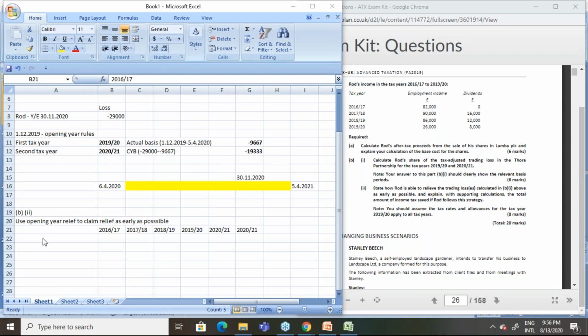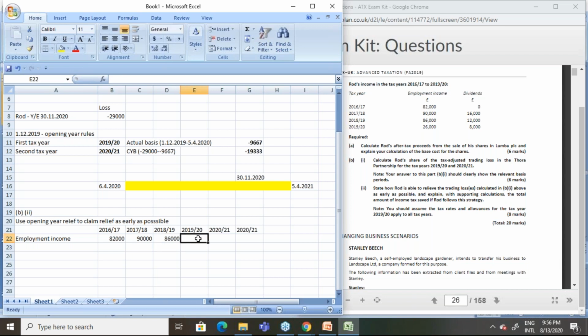So in this situation, we have employment income: 16-17, 82,000 pounds; 17-18, 90,000 pounds; 18-19, 86,000 pounds.